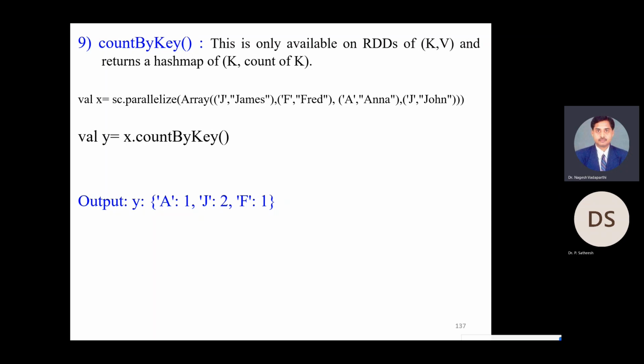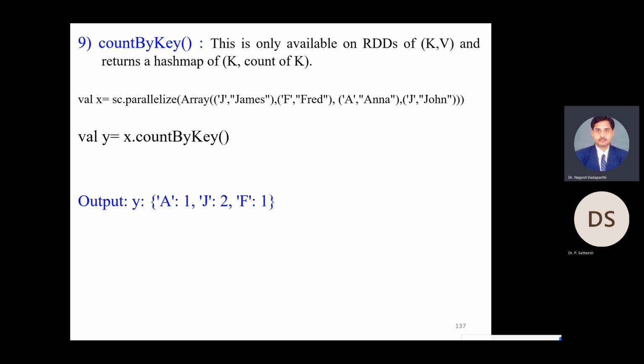So count by key is only available on RDDs worked on key value pairs. The output variable is x.countByKey. Now you can check: I'm taking an array of pairs as the data set, J with James, F with Fred, A with Anna, F with John, J with John.